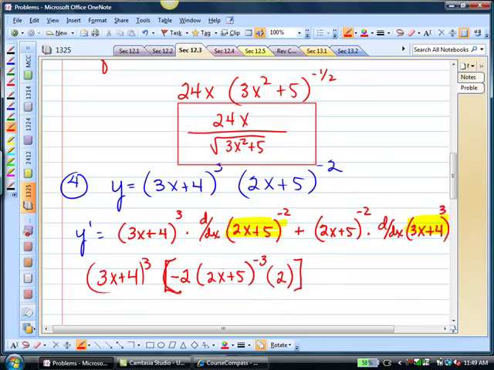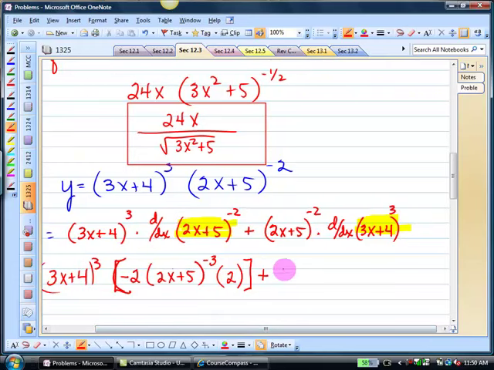All right, everybody see what we did there? The derivative of the inside. If I'm taking the derivative of this thing, it's -2 times that to the -3, and then I always have to multiply by the derivative of what's inside. So that's that other 2. Yes, that's the chain rule.